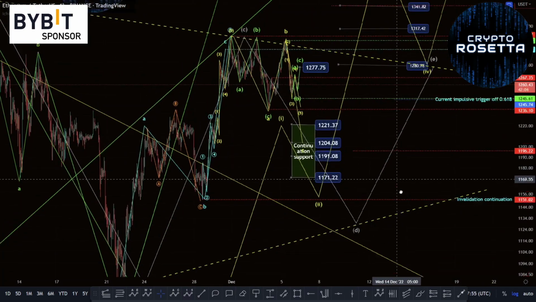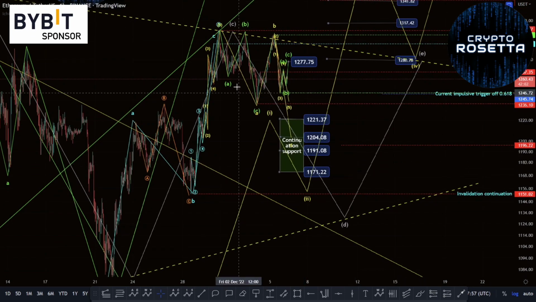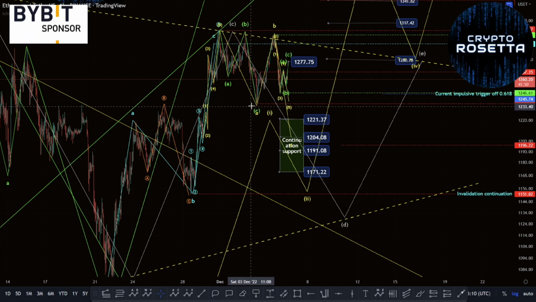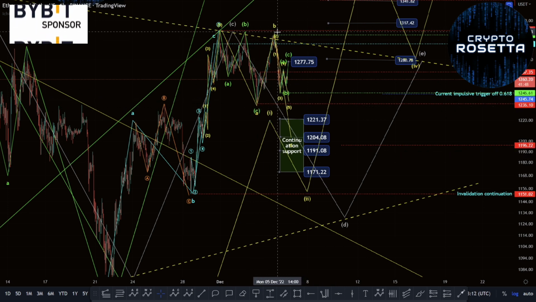1075 area. There is also the potential that we could be forming a zigzag to the downside here, but the way this move starts, unless we've got this nestled as a fourth wave within here, it doesn't really fit.